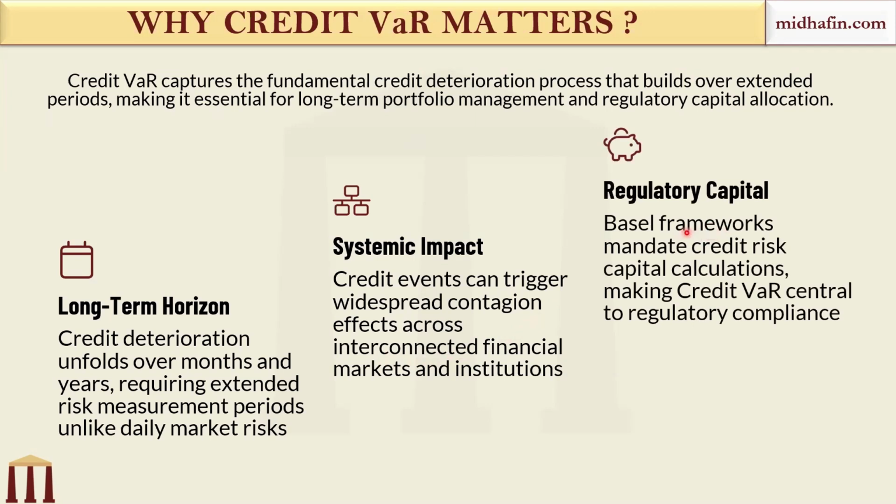From a regulatory capital perspective, credit VaR is central. Under the Basel frameworks, banks are required to calculate credit risk capital. In fact, you'll see later on that the Vasicek model provides the foundations for the internal ratings based approach. So in summary, credit VaR matters because it looks at the long term horizon, it captures systemic impact, and it is embedded in regulatory capital rules.